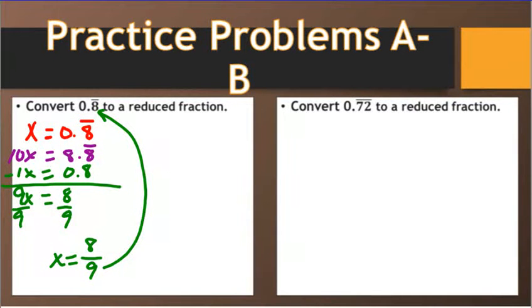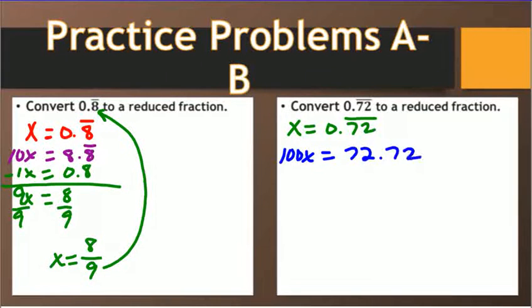Next one, convert 0.72 to a reduced fraction. So x equaling 0.72 with the 72 repeating. Since I have 2 digits repeating, I multiply it by 100 on both sides. So 100x equaling 72.72, because the 72 is repeating.